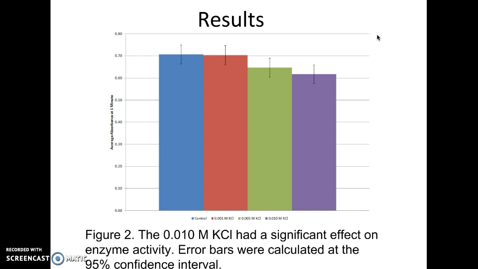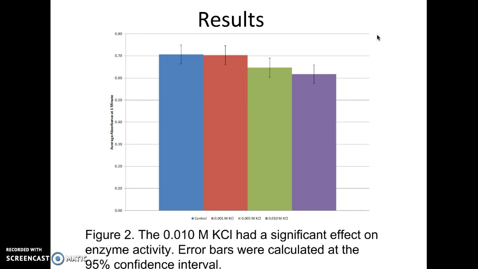This means that there is no significant difference in these 3 sets of values. On the other hand, the error bar corresponding to 0.010 molar potassium chloride and the error bar on the control did not overlap. This means that there is a significance in these 2 sets of values.